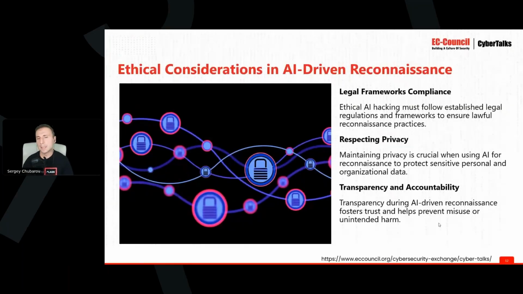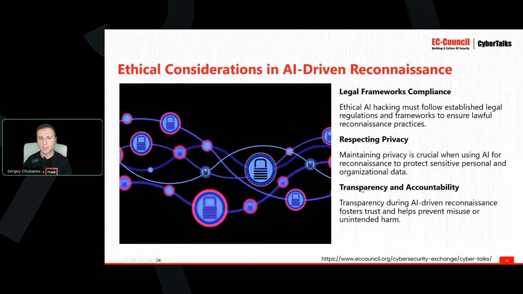Also, since AI is working with private data, maintaining privacy is crucial when using AI for reconnaissance, because now we're accessing some sensitive data, and it might not be a very good idea to allow AI to learn from some kind of data and then build and enhance your models based on this data.